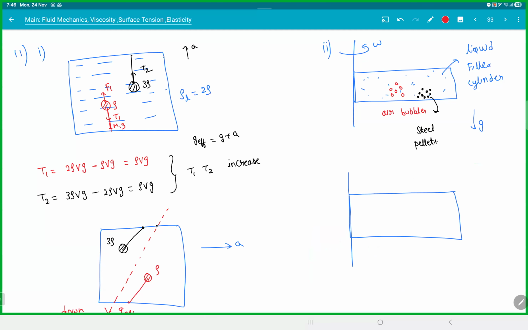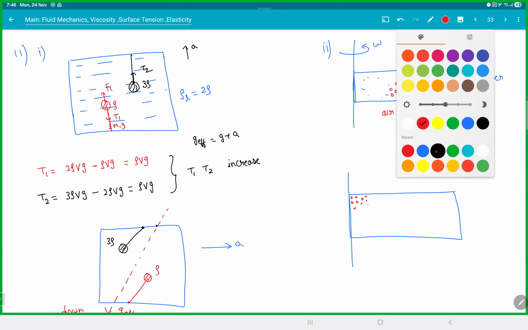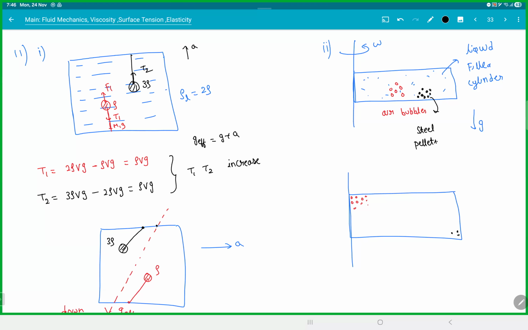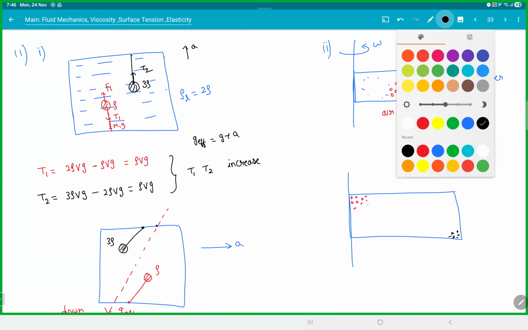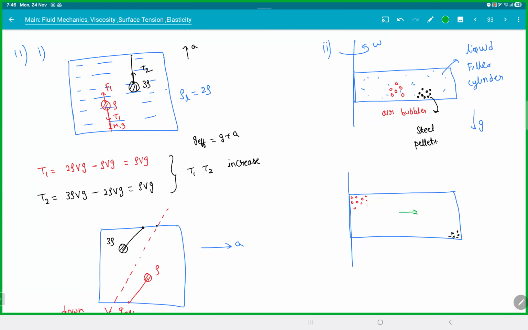And here the gravity is also there. So it's rotating, so centrifugal force. So in this thing, your air bubbles will come to this corner. And the steel pellets will come to this corner. Again, what is F net? So this is your centrifugal force, M omega square X, and this is your mg. So for the liquid, this is down.